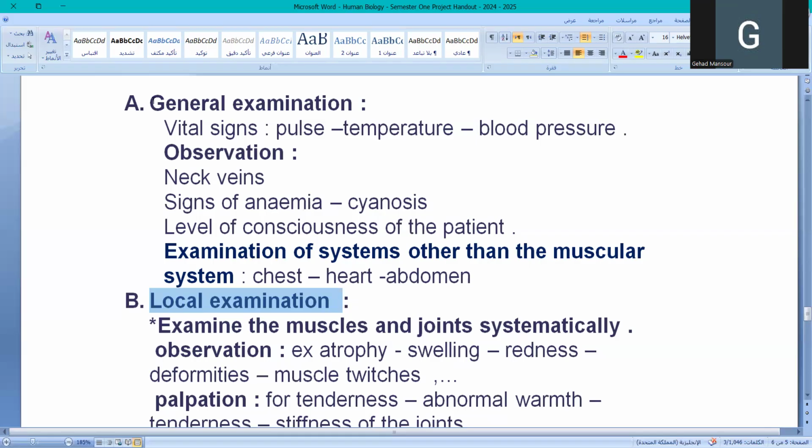And by palpation, we don't only mean that you're going to palpate the muscle, but you're going to hold the limbs and flex them, extend them to feel the tone.